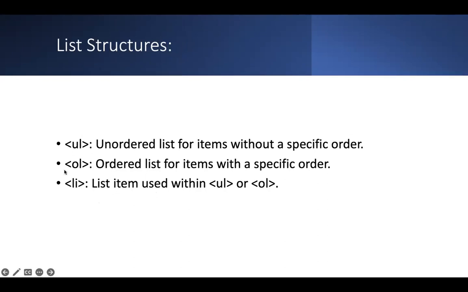UL means unordered list, right? Here it is. Then OL, ordered list, that means with a specific order, like 1, 2, 3. Then the li tag means we're using this list item within these two lists, unordered or ordered. All right.